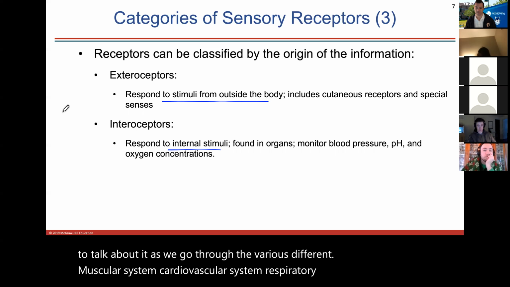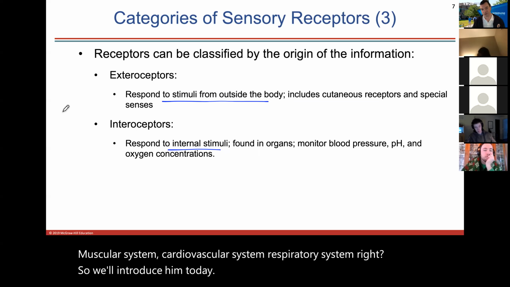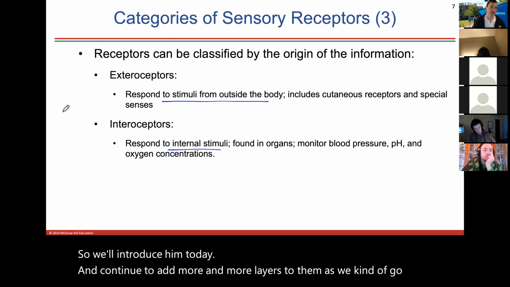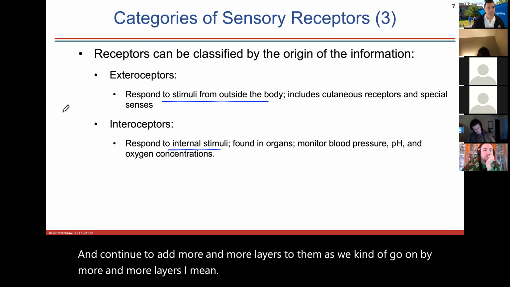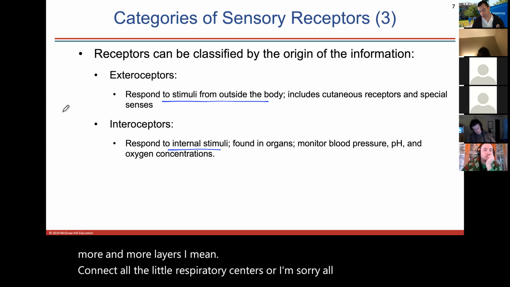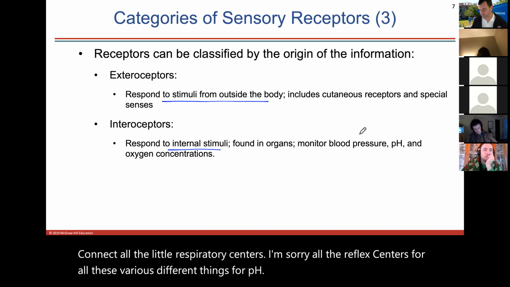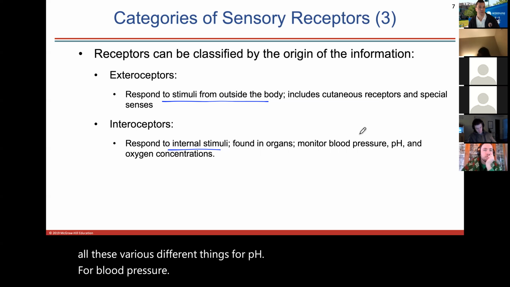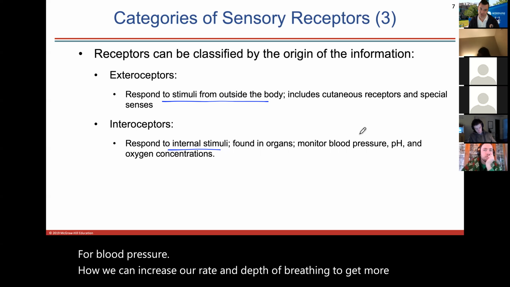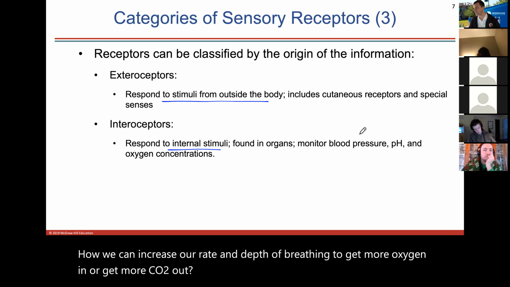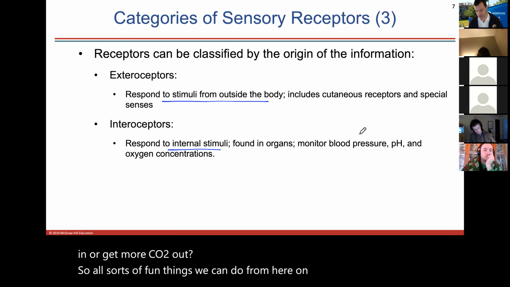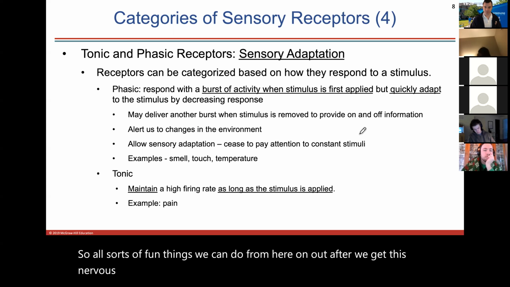We'll introduce them today and continue to add more and more layers to them as we go on. By more layers, I mean connecting all the respiratory centers, all the reflex centers for pH, for blood pressure, how we can increase our rate and depth of breathing to get more oxygen in or get more CO2 out. So all sorts of fun things we can do from here on out after we get this nervous system under our belts.